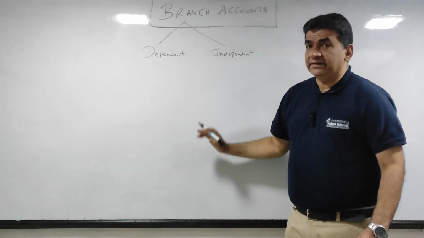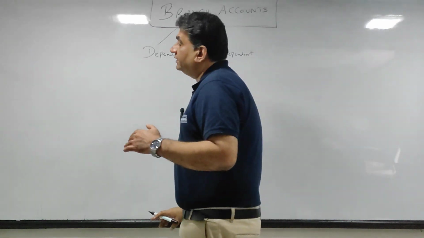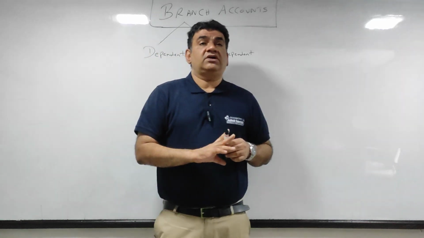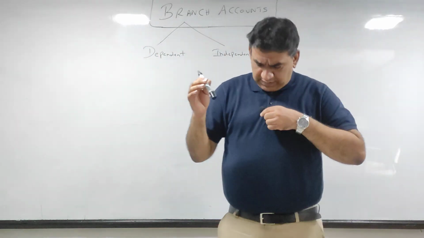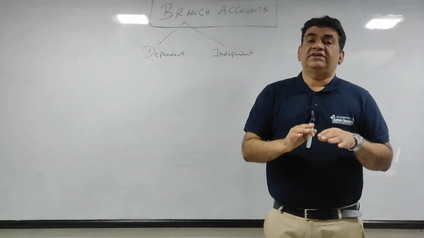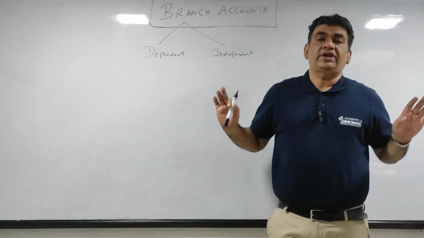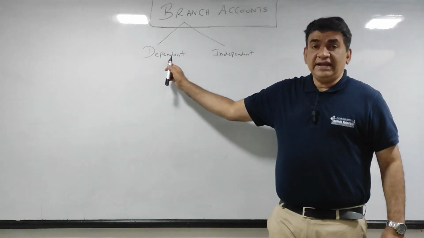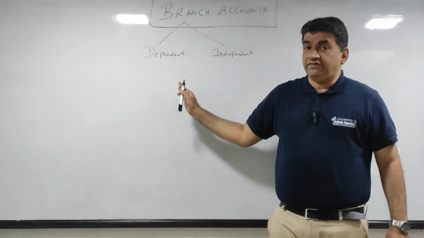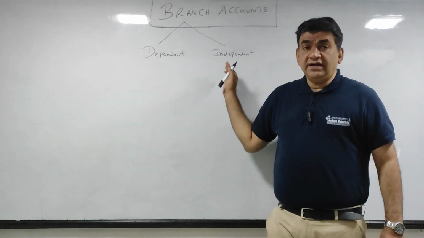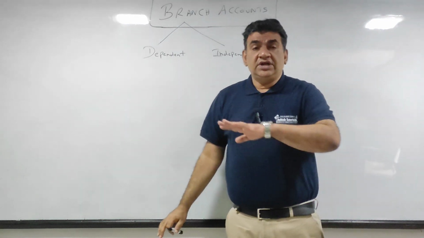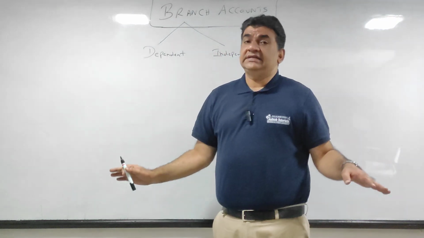Coming to the second part, that is independent. Now independent branch क्या होता है? Independent branch is that branch which is not dependent on head office. यहाँ पे dependency is there on head office, but independent branch में there is no dependence on head office.